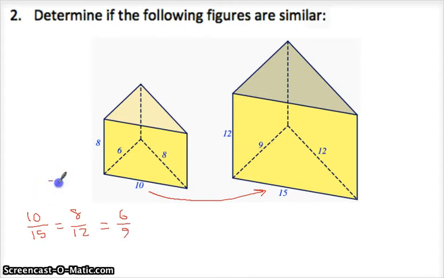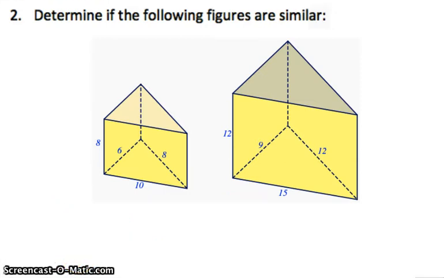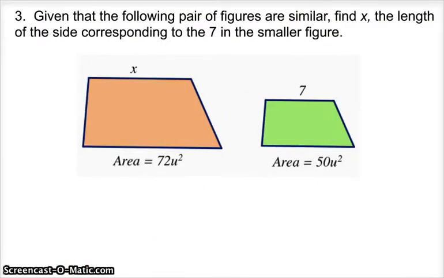Are these all true? I think they all equal 2/3. So I think we're okay. I think all those figures are similar. Now, we don't really know that all the angles are congruent, but I think we can be pretty sure that they are. Great. Given that these are similar, find the length of this side.